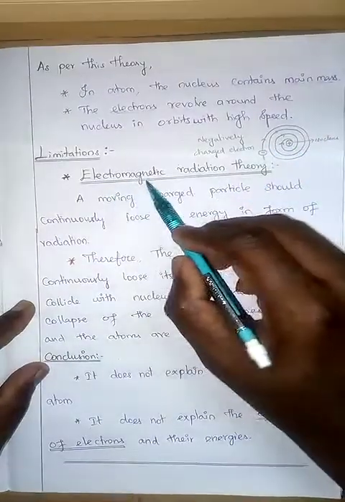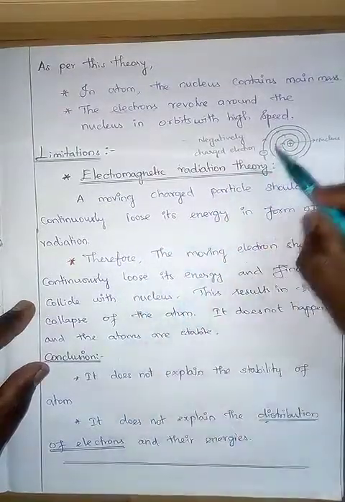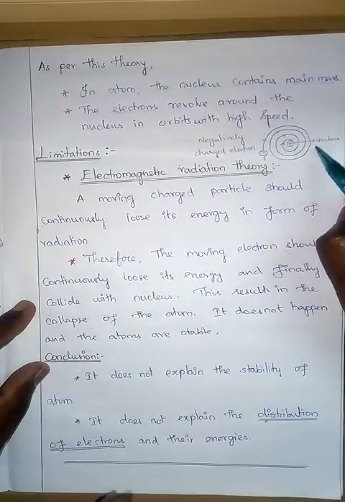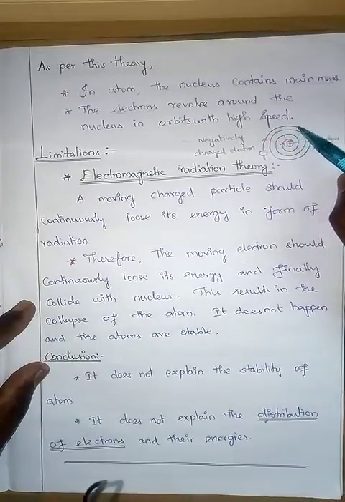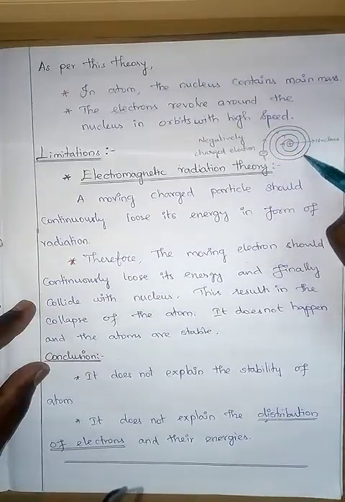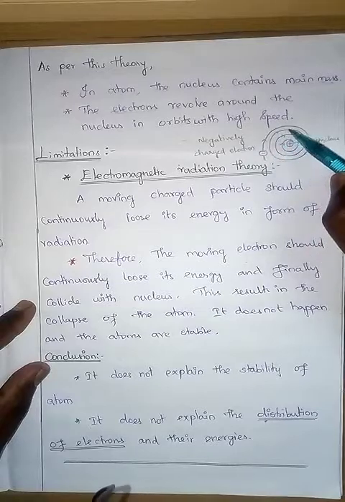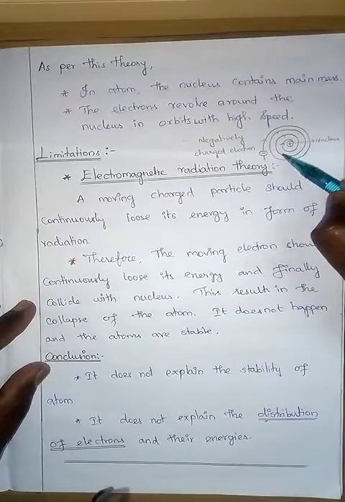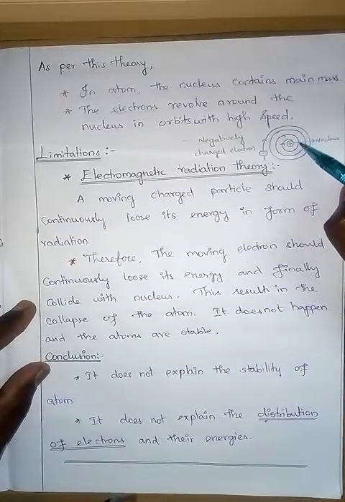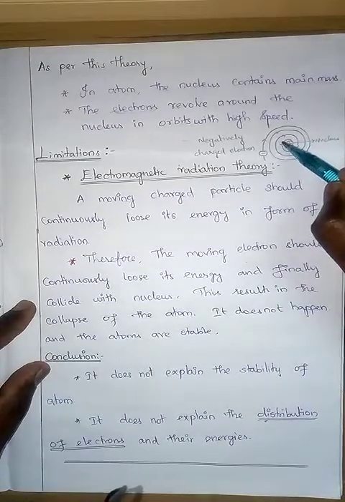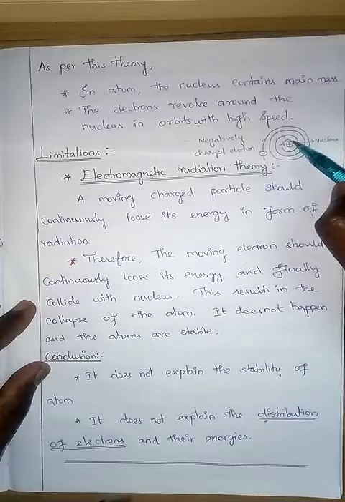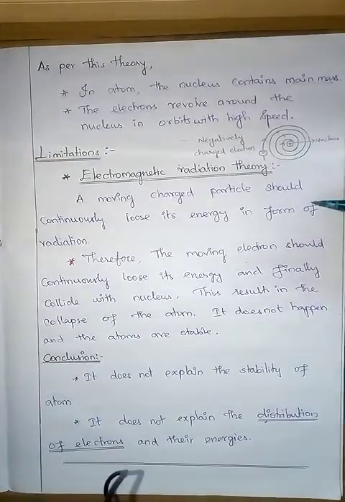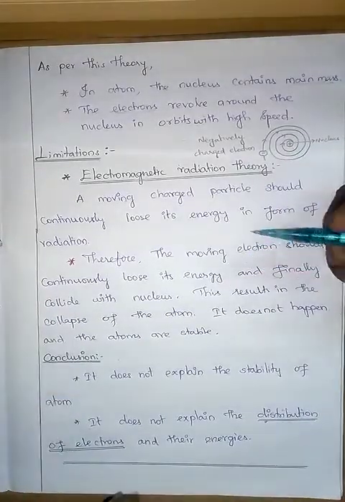As per this electromagnetic radiation theory, the moving charged particle should continuously lose its energy. So when it loses energy, what happens? Slowly it will reduce its path, right? And finally it comes in contact with the center, loses all its energy, becomes unstable, and will be destroyed.